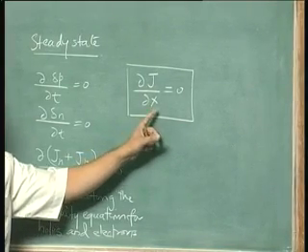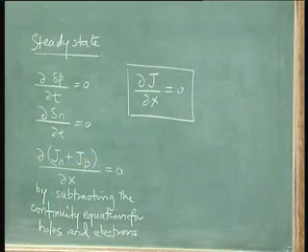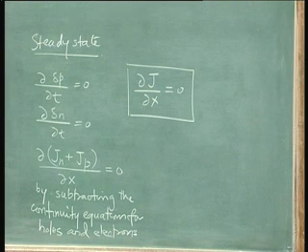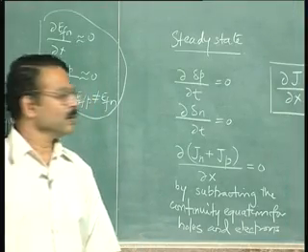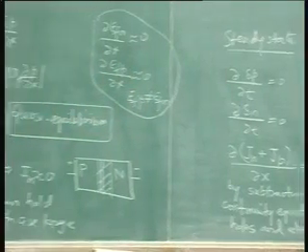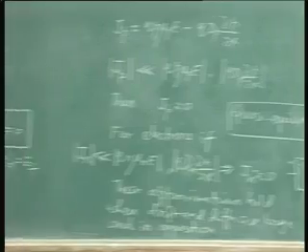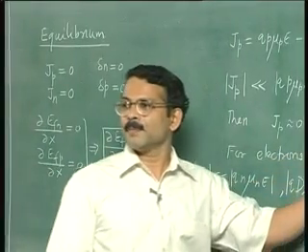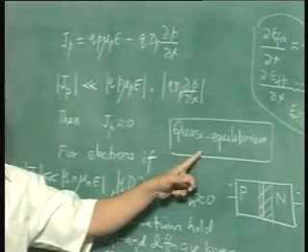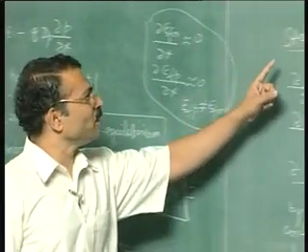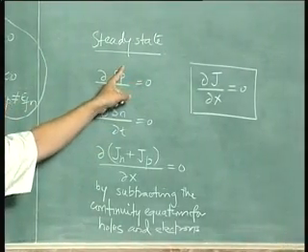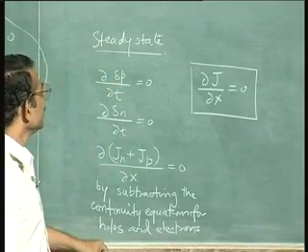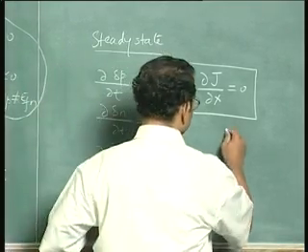This is a very important relation in steady state, which will help us in analyzing the devices. Now, just like there is a small disturbance of the equilibrium state, and that is this quasi-equilibrium, you can have a small disturbance of this steady state, that is called the quasi steady state or quasi static state.